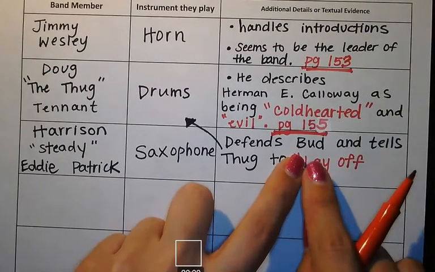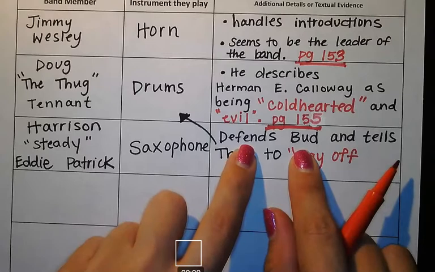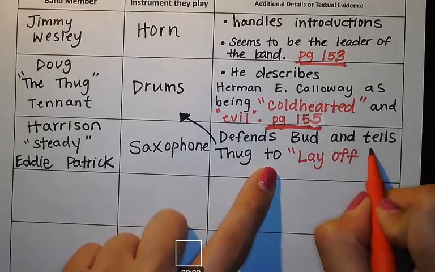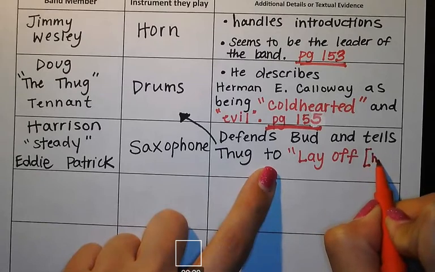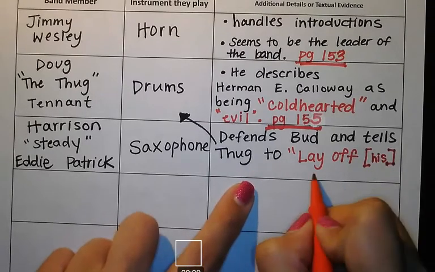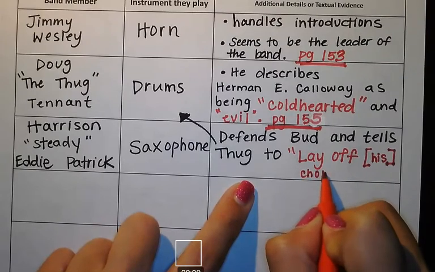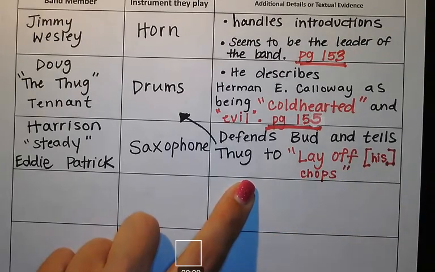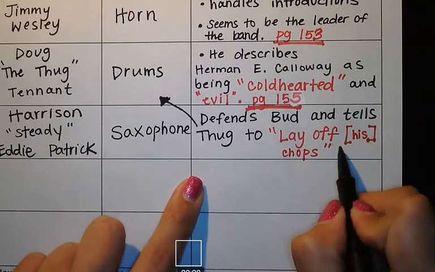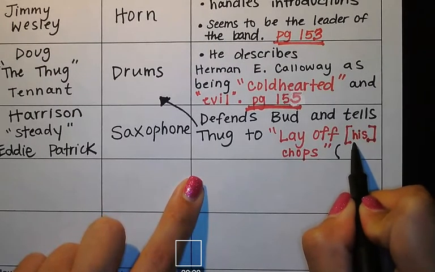So we need to make it defends Bud and tells Thug to lay off his, we're changing that word, chops. I'm going to close my quotation mark there. And I'm going to make sure I add what? Yep. In my, what are these called here?